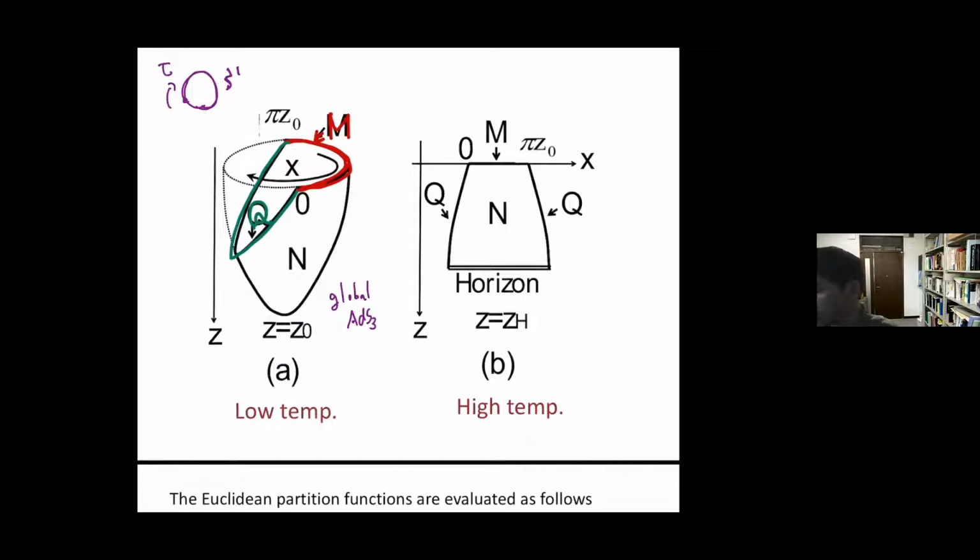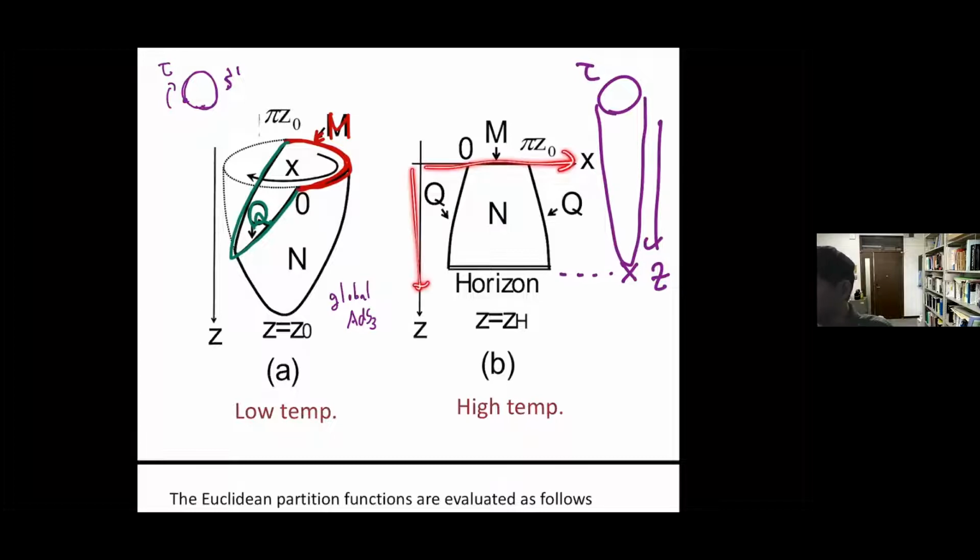On the other hand, if we go to the high temperature phase, again we have a tau direction, but the tau direction can shrink to zero size at the horizon, exactly at this position. This is the z direction, right? If we look at the x direction and z direction, it's like this.